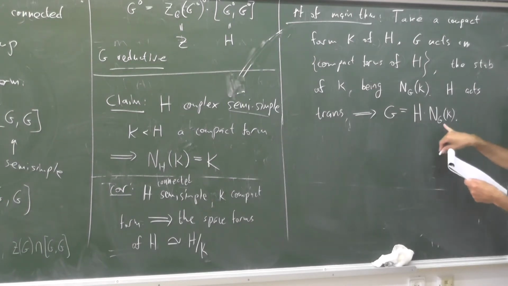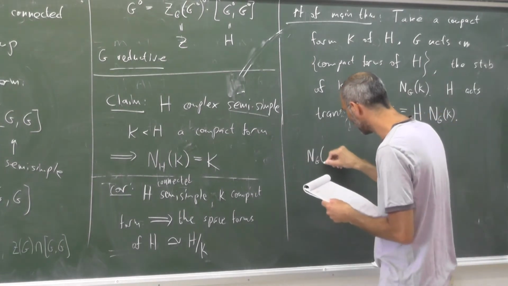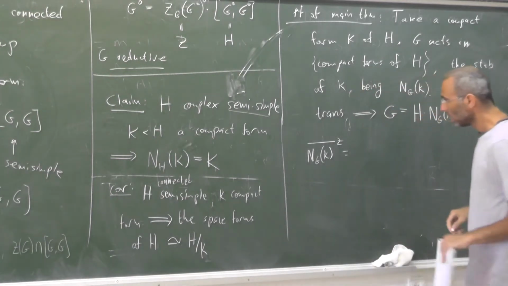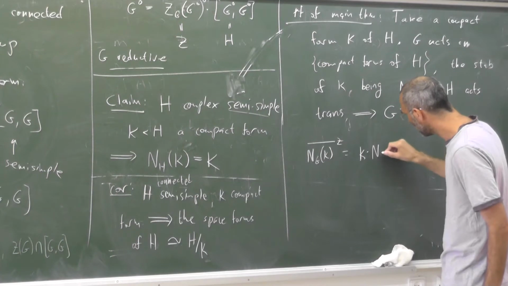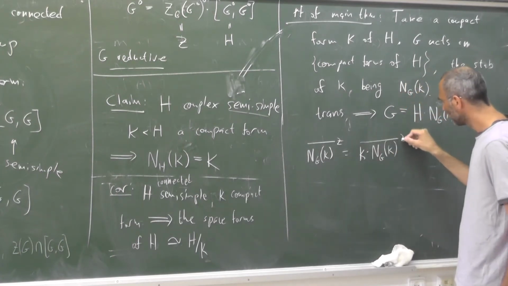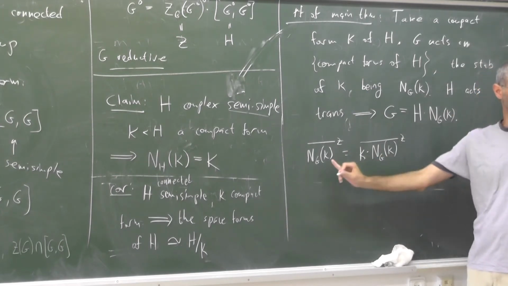Okay, now let's consider this guy over here. What is its Zariski closure? Well, of course, even before taking the Zariski closure, under the line, this is just the same as that.